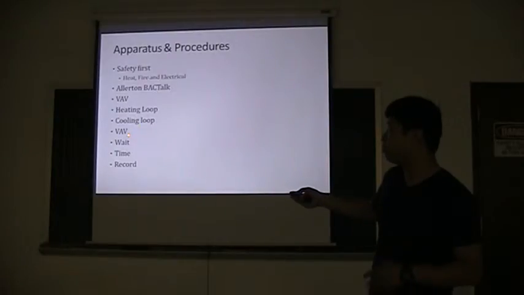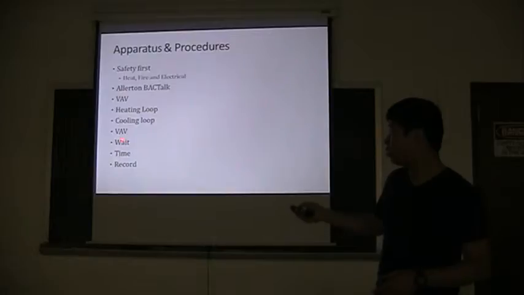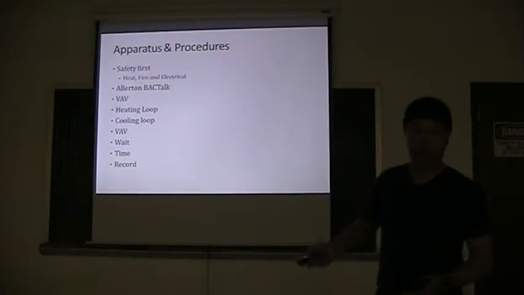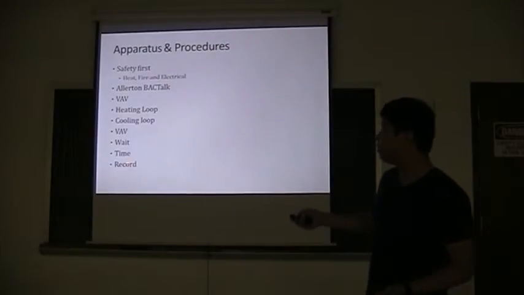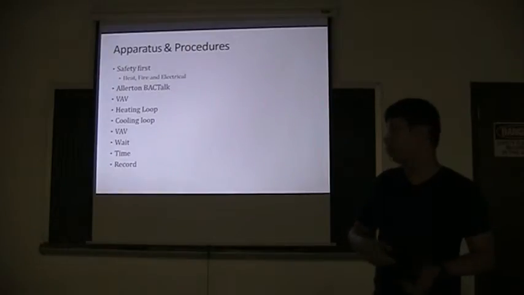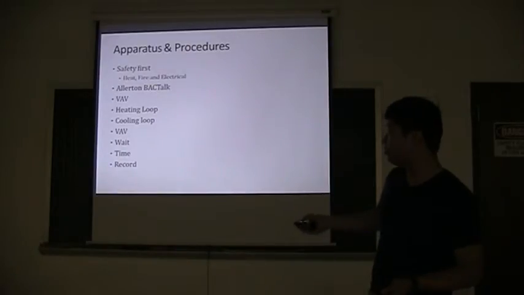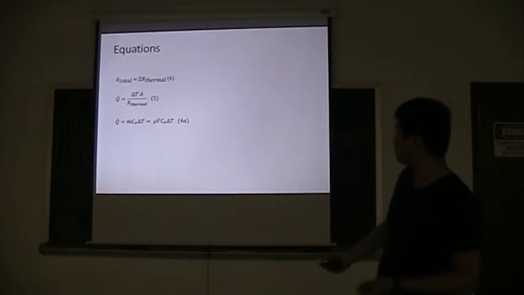After that, we put in some more settings or change the settings back to what they're supposed to be for the valves or dampers again. And then we wait about 2 to 3 minutes for everything to equilibrate. And then the timing is very important. For the report, they need to record the data every 20 seconds for 30 minutes. And that's pretty much the procedure.